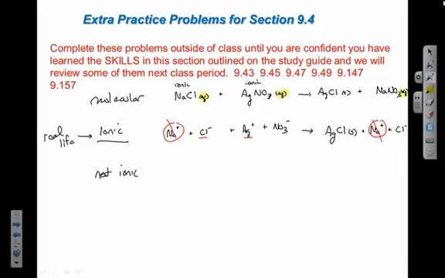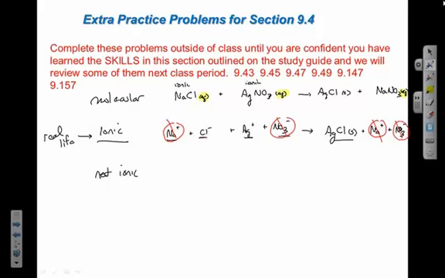And so I can also cancel out, oh, I made a mistake, sorry. This should have been NO3 minus. Because the Cl and the Ag came together, what's left is the Na and the NO3. So I also then see that the NO3 is in the same form on both sides, so that cancels out.